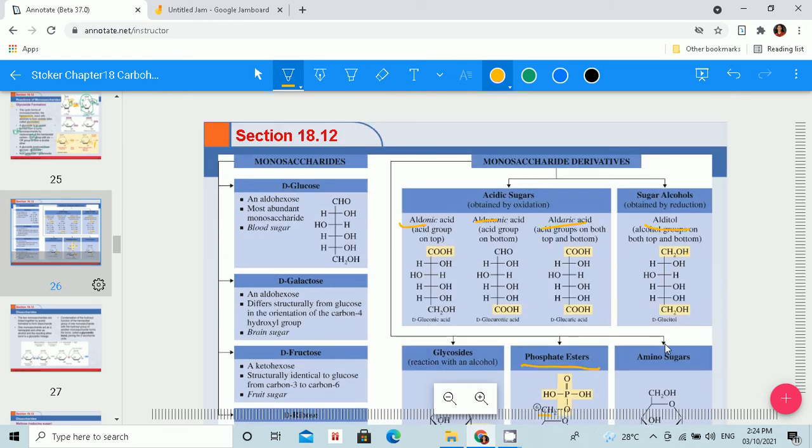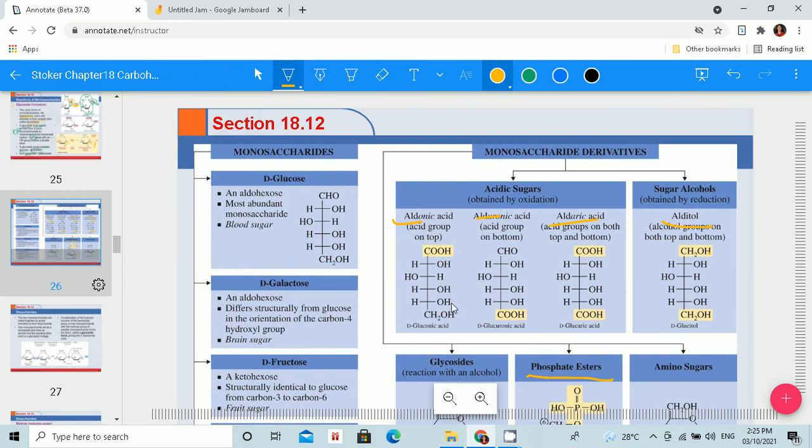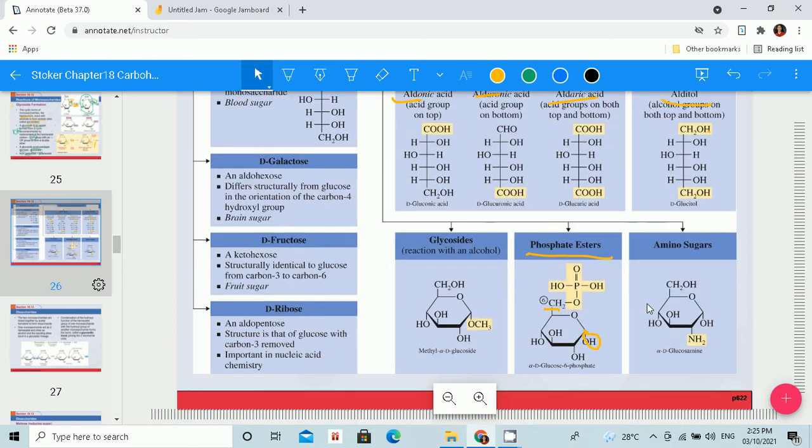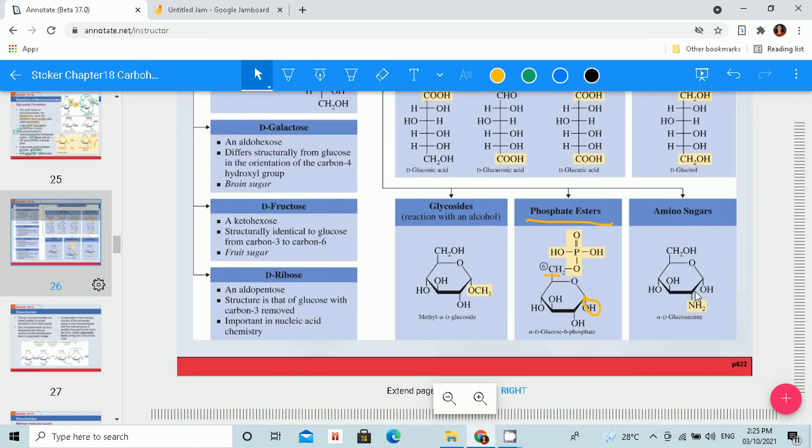And then we have also the reaction of our amino. Okay, we have amino sugars, and then we have the amino sugars is OH is replaced by an amino group. This one, NH2 example.